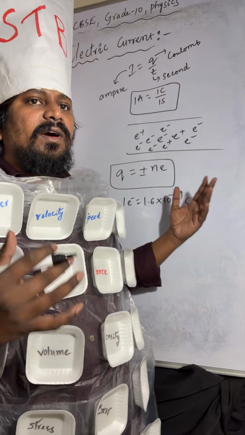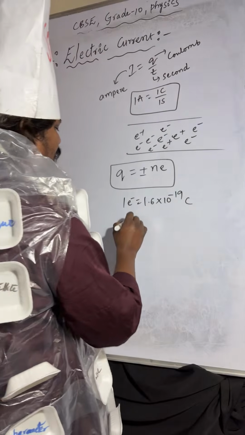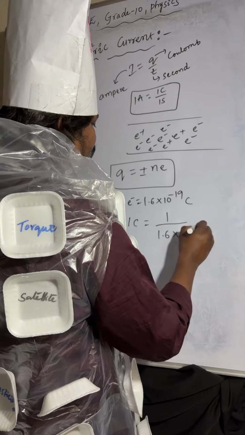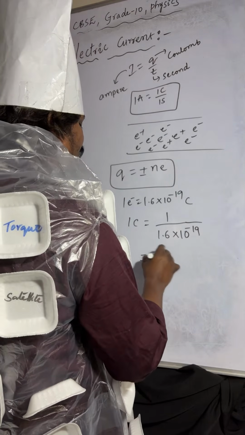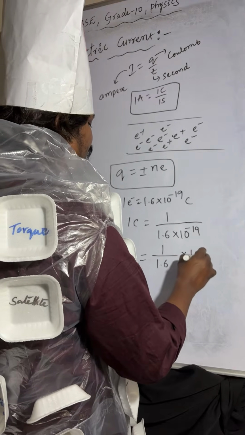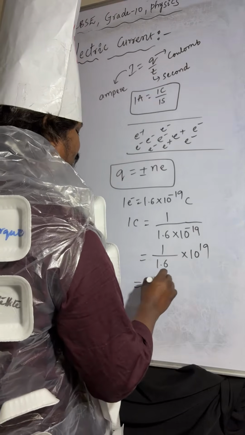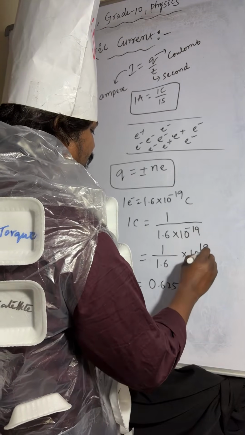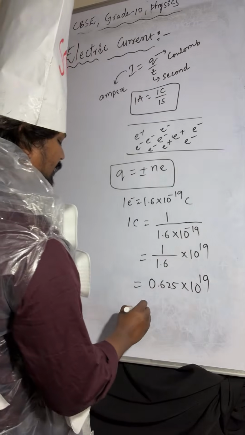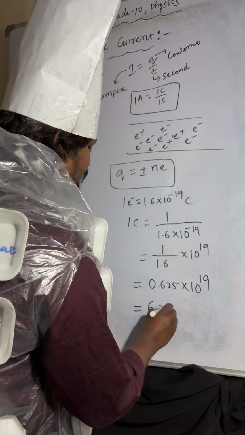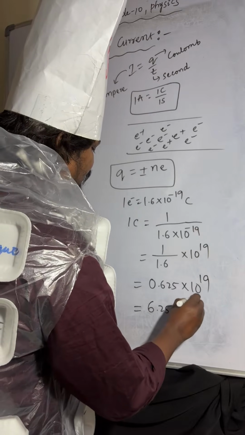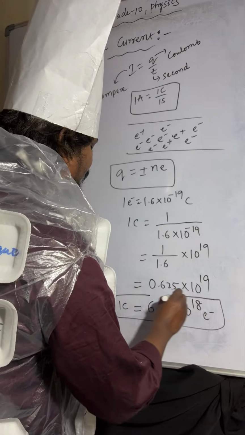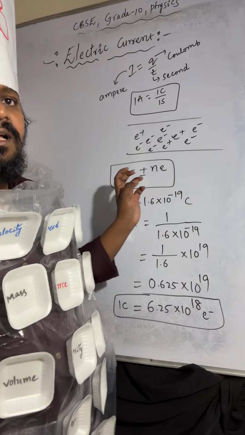In 1 coulomb, we take 1 by 1.6 into 10 power minus 19, that is 1 by 1.6 into 10 power 19, then you'll get 0.625 into 10 power 19. That gives 6.25 into 10 power 18 electrons. So in 1 coulomb, 6.25 into 10 power 18 electrons are present. I hope it is very clear.